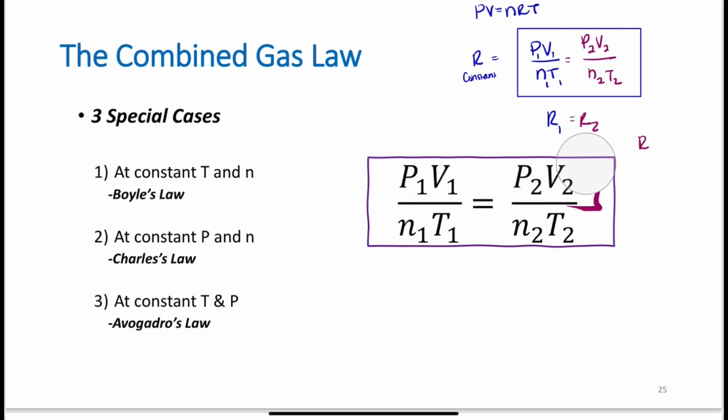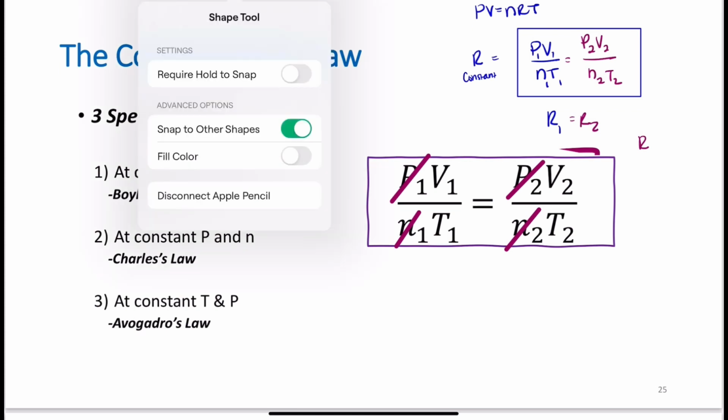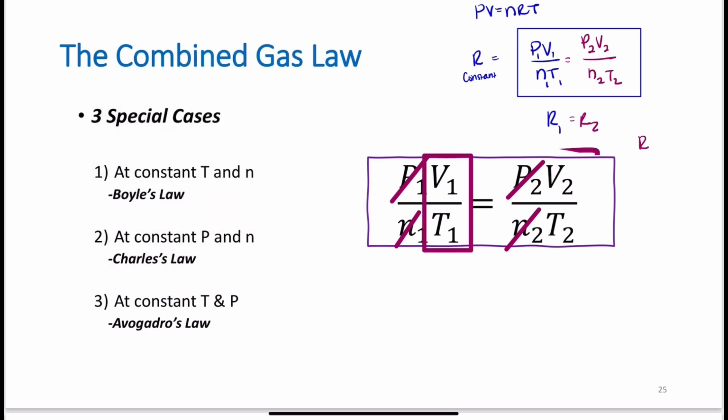If instead of those conditions, I had constant pressure and constant number of moles, my pressure is constant, my number of moles is constant. Notice now what I've got, V1 over T1 equals V2 over T2, which is Charles's law.